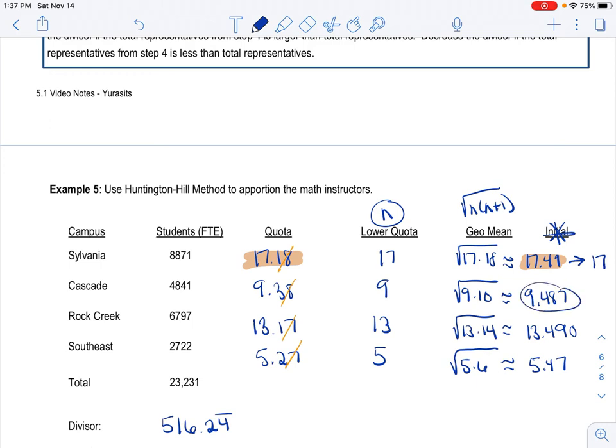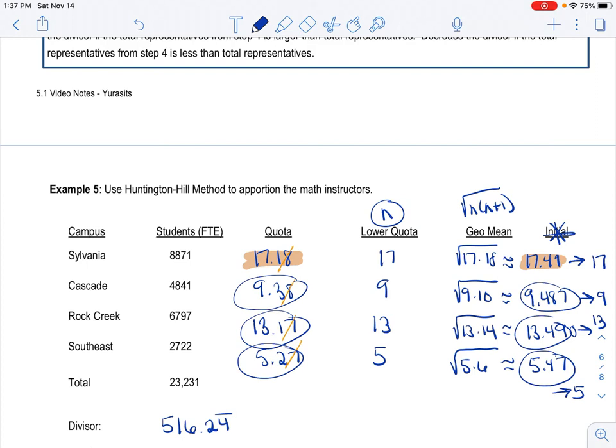Well, it's the same case here, right? Your quota is smaller than the geometric mean, so I round down, so that stays at 9. Same case here, yikes, so that rounds to 13. And then actually same case here, so that rounds to 5. So that didn't help me at all.